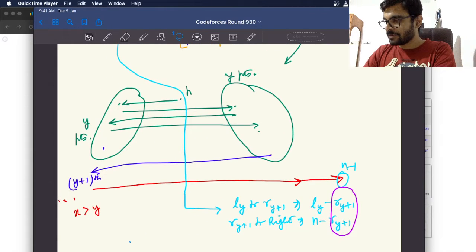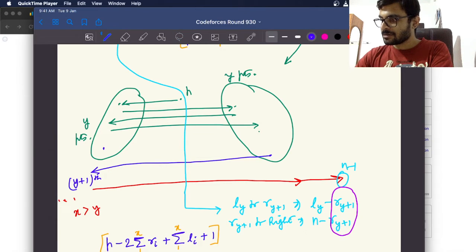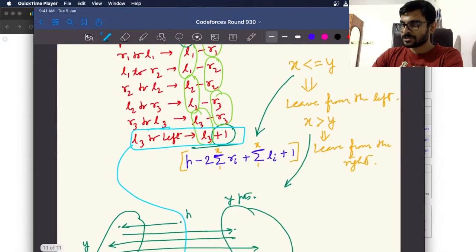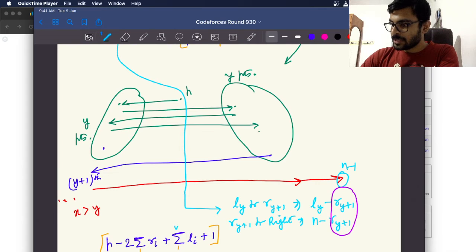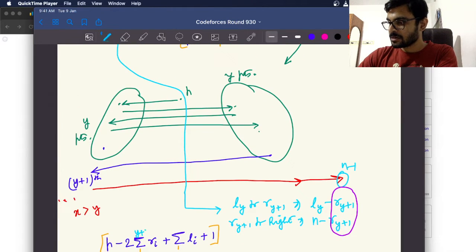But slightly different. Here you have to say, okay, Y is the deciding factor. The lefts will be more engaged now. They'll be Y plus 1. I'm sorry, the ones on the left that are pointing to the right will be present in Y plus 1.